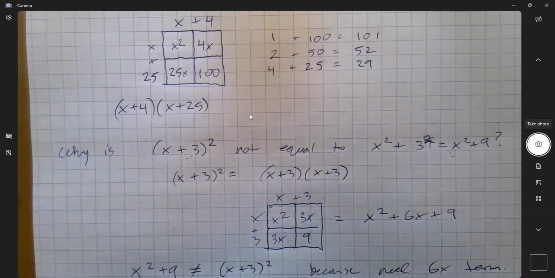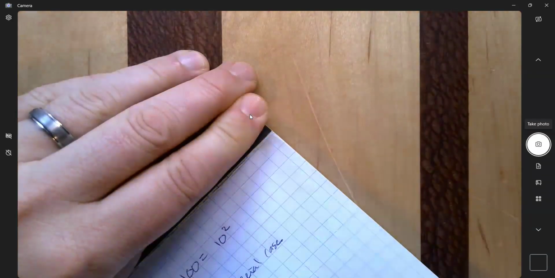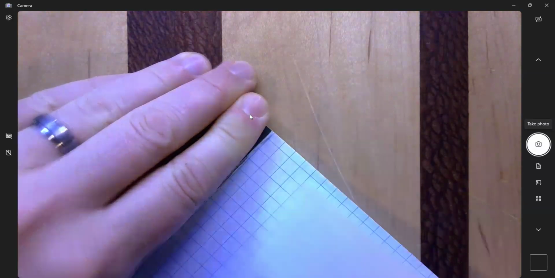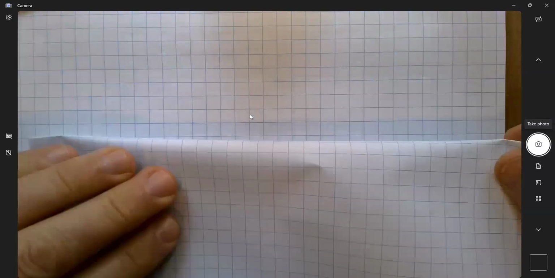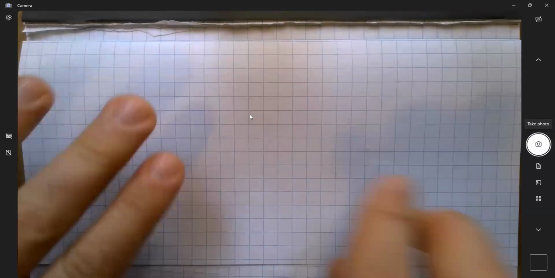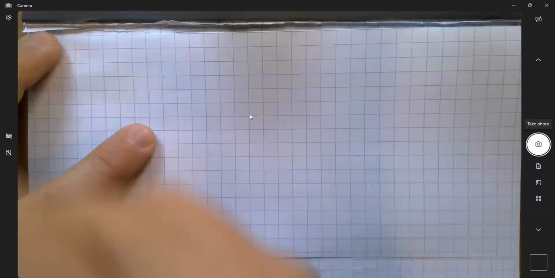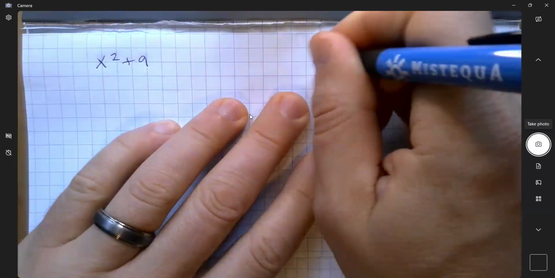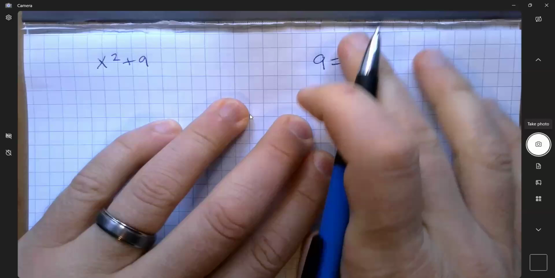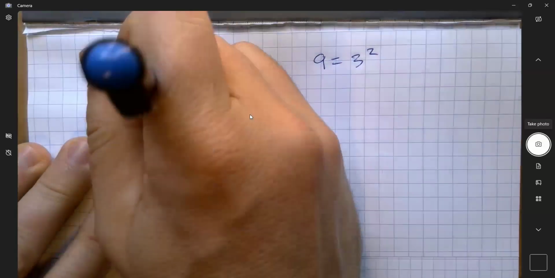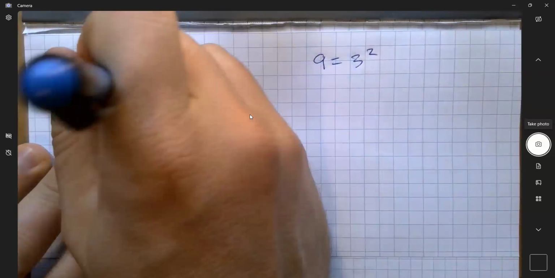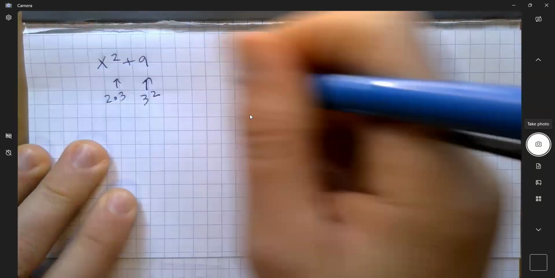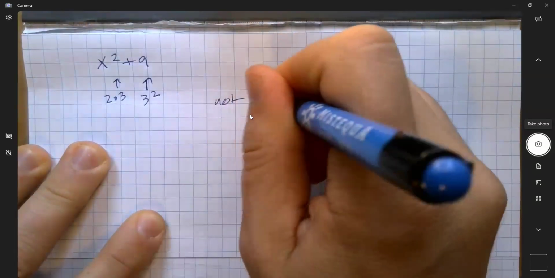What does x squared plus 9 factor into? Let's take a look. Let's pretend I didn't know that, but I did know how to find that special case. I have x squared plus 9, and I notice 9 is 3 squared, but I don't have a 2 times 3 term, so it's not the special case.